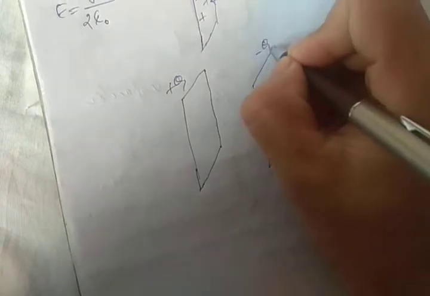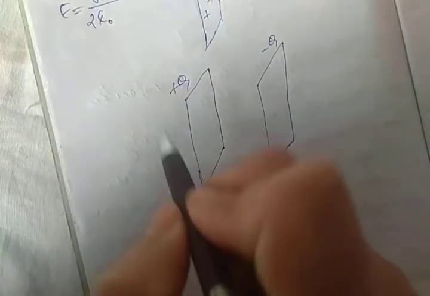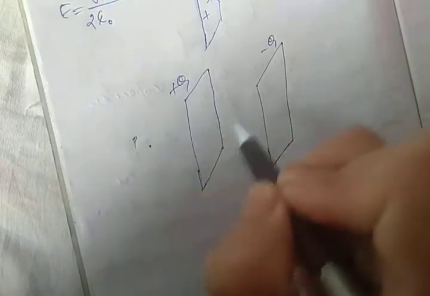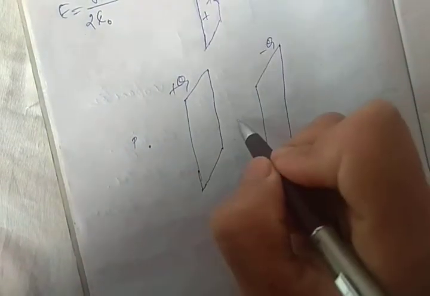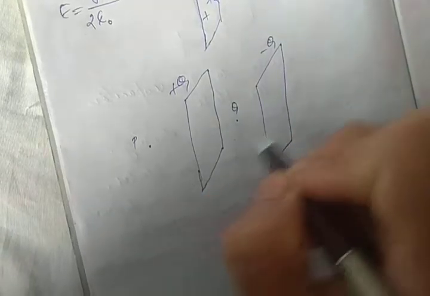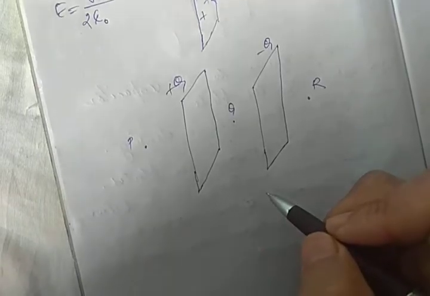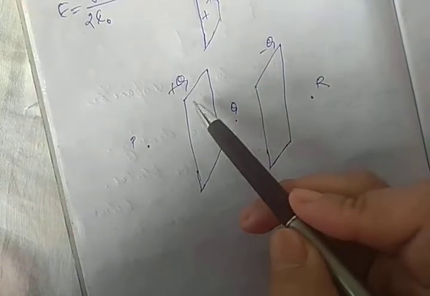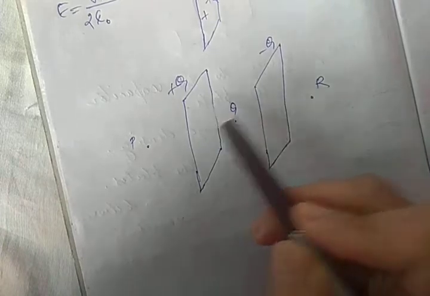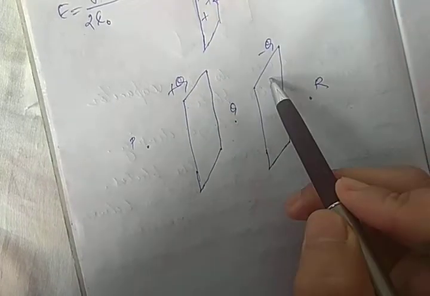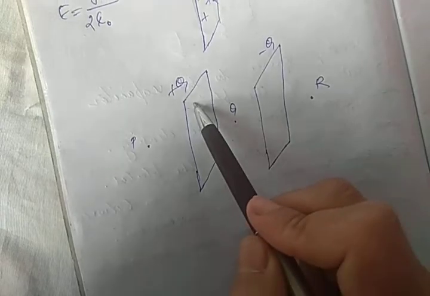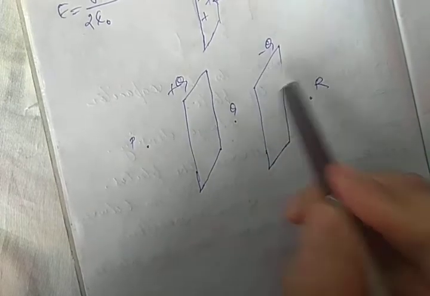If we have one plate which is positively charged, with plus Q amount of charge, and another plate with minus Q amount of charge, remember we had done something like finding the electric field intensity at a certain point P outside the first plate, then in between the two plates at point Q, and outside the second plate at a certain point R. The scenarios could have been different, but what I'm showing you here is one positively charged plate, plus Q, and the other a negatively charged plate.